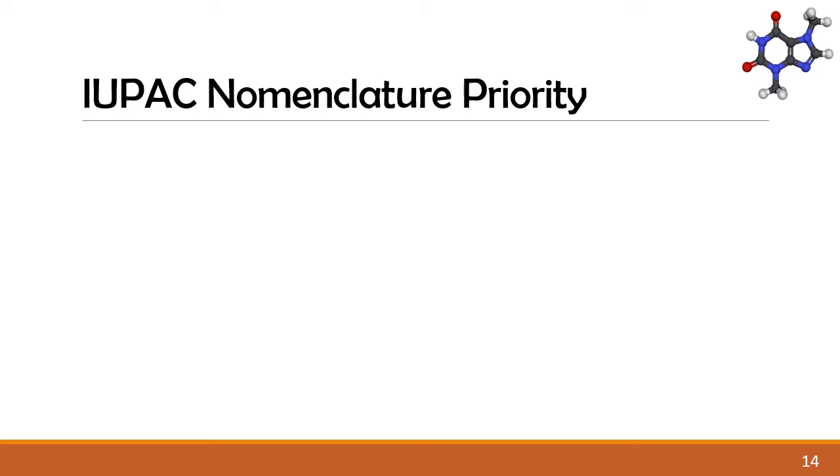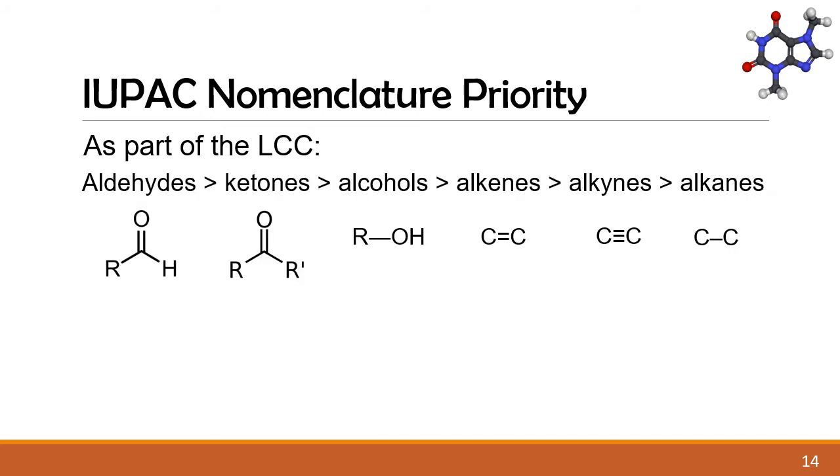Taking together all the functional groups we have learned so far in this course, the following order of priority is followed when naming organic compounds. As part of the LCC, the priority from highest to lowest is aldehydes, ketones, alcohols, alkenes, alkynes, and alkanes.